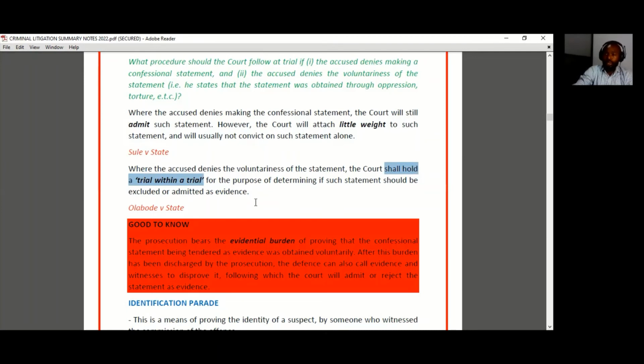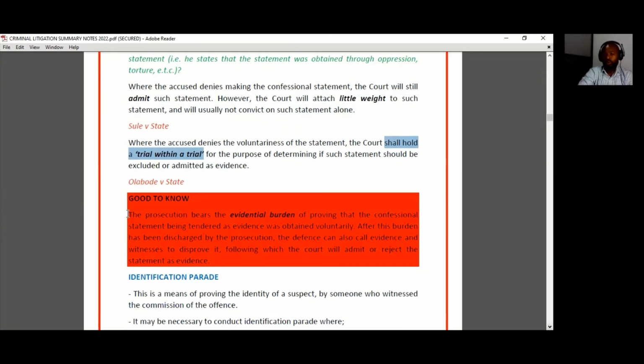Now, at the trial within a trial, the prosecution would bear the evidential burden of proving that the statement was voluntary. All right, so the prosecution goes first in tendering evidence to try to prove that the statement was voluntary. If the prosecution has suitably discharged that burden, it now shifts to the suspect to try to disprove that, to show the statement was not voluntary.